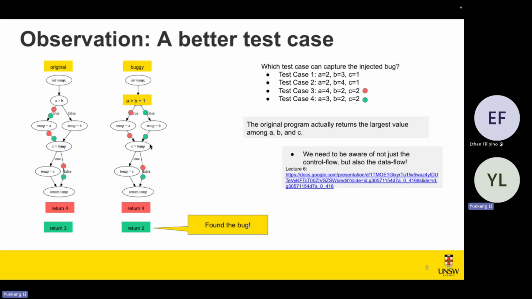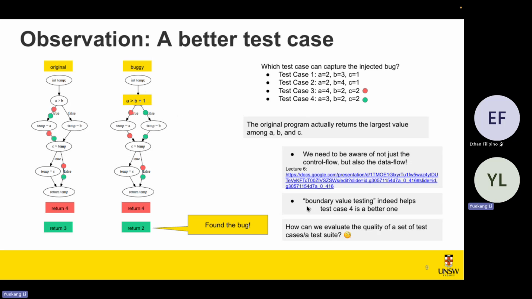We also need to be aware of how we are covering those paths, which values we used when we are reaching certain locations of the program. So we need to be aware of data flow. This is just a reminder of what we have learned. We can also see that boundary value is indeed helpful here, because 3 is at the boundary of B plus 1. So the so-called boundary is helping here.